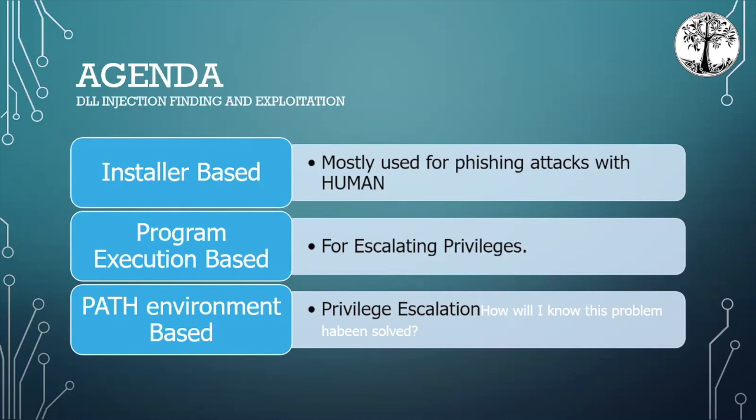So if any user has privilege to write a DLL inside a location which is in your path environment variable, they can escalate their privileges easily. It's the common one you will find in mostly improperly configured or not famous software. You will find this vulnerability, path environment variable DLL hijacking, easily.